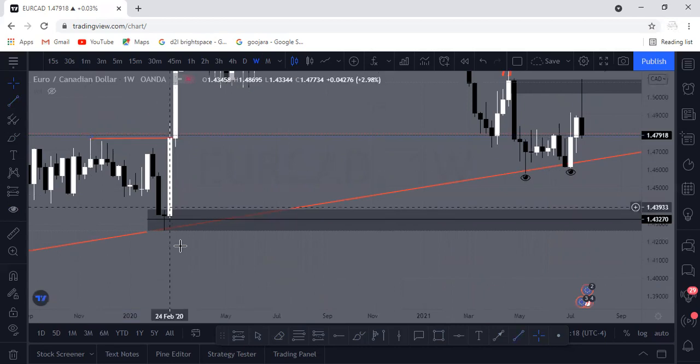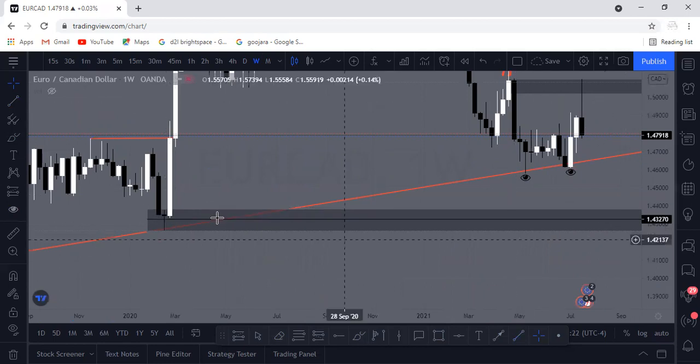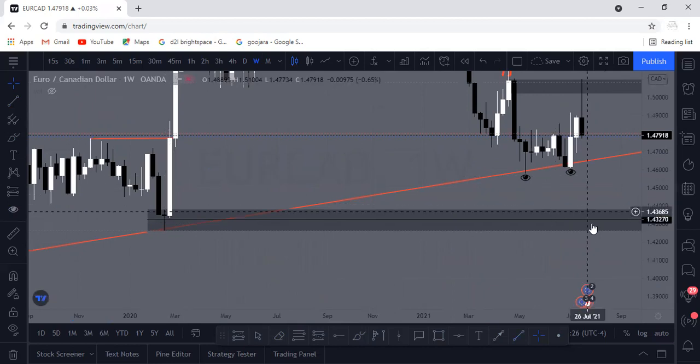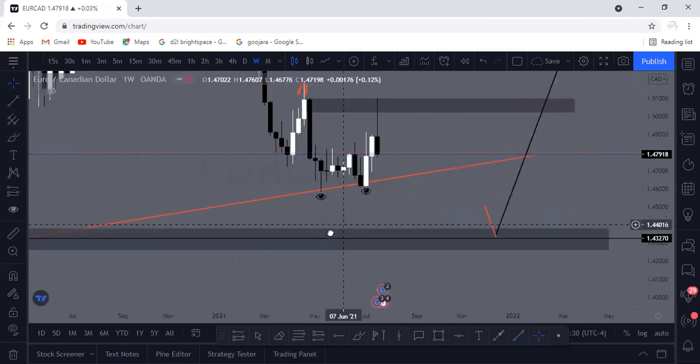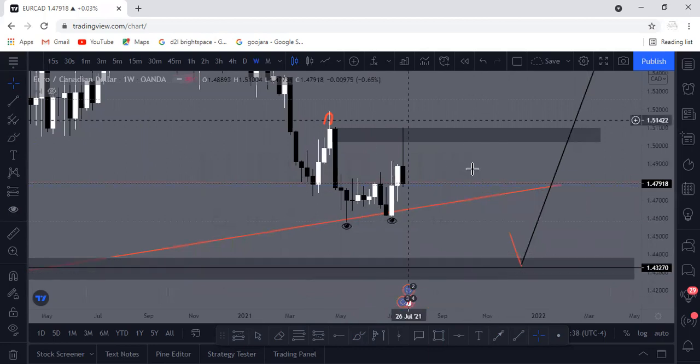So the price is distributing in order to mitigate these sell to buy orders. Okay, there are selling orders that need to be closed or mitigated here. There are market makers orders here, or institutional orders here, that need to be closed, because these guys sell to buy all the time, they hedge.